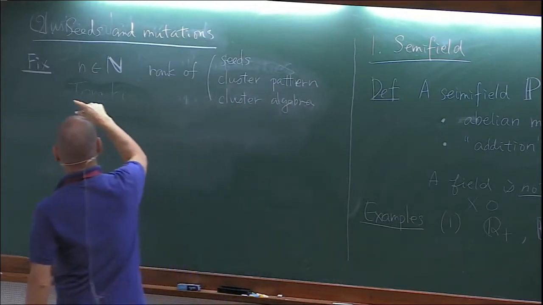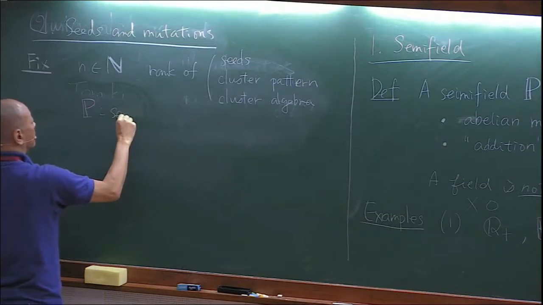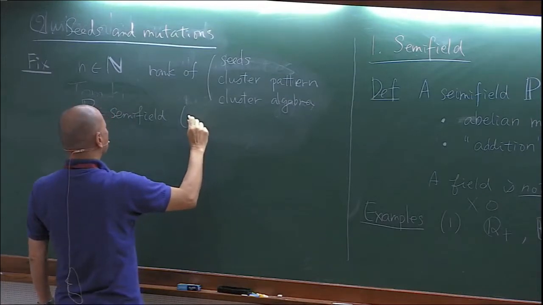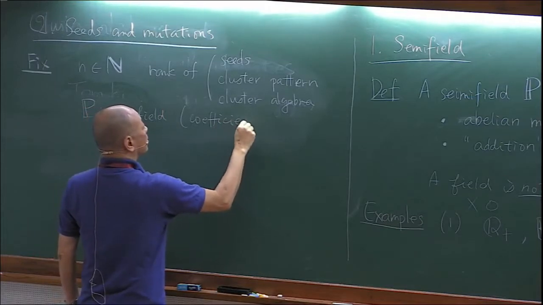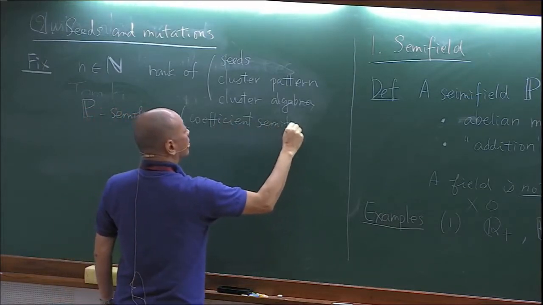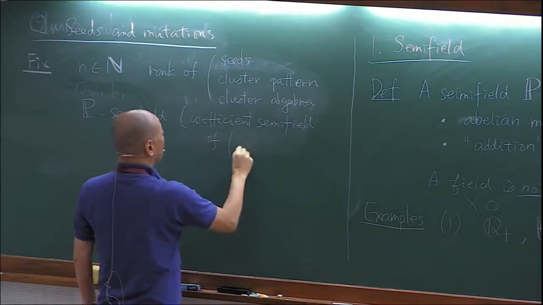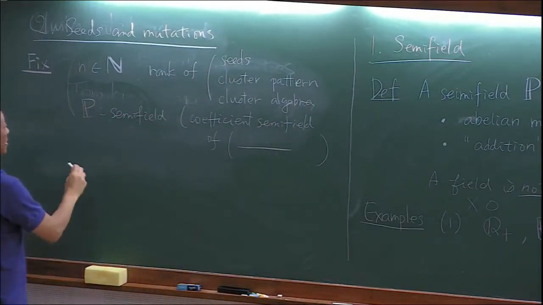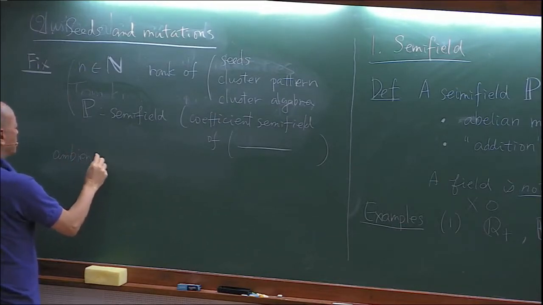You have to fix it first, and together with n, you also fix one semifield, which is called the coefficient semifield. And then I also fix the so-called ambient field, which has already appeared.